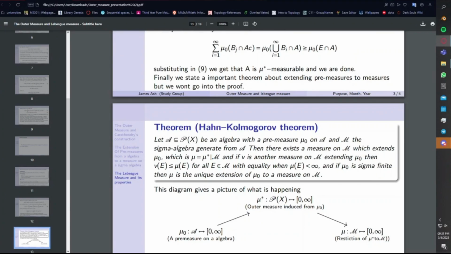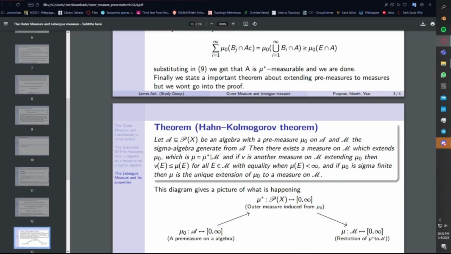For example, in the case of the Lebesgue measure, I think this set is going to be the Borel sigma algebra, and the Lebesgue measure can be extended further to the Lebesgue measurable sets. So this is just a sigma algebra generated from A. It doesn't have to be the mu star measurable sets.